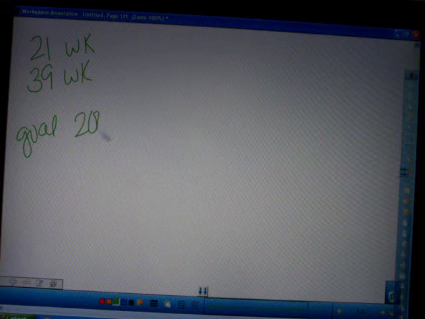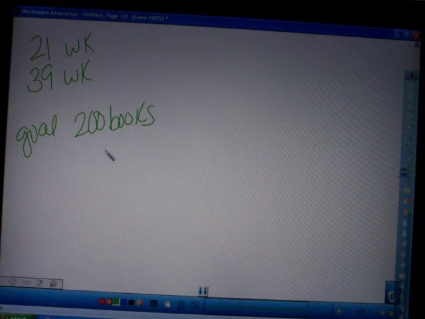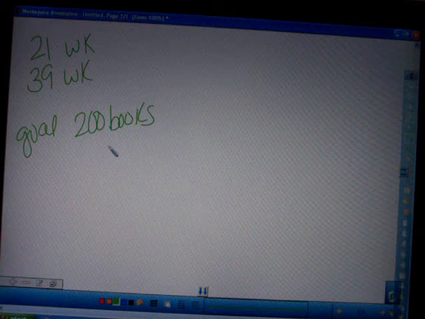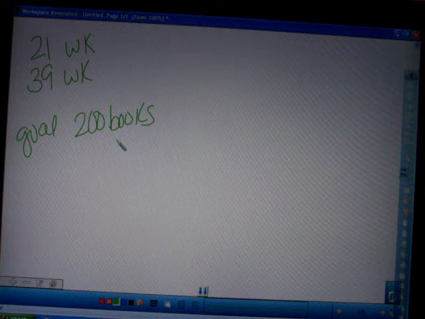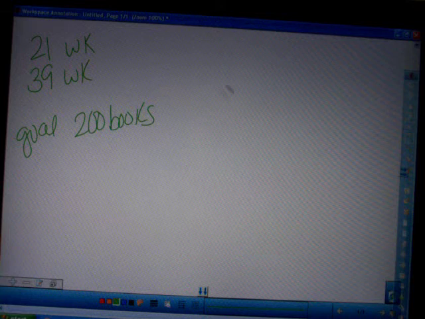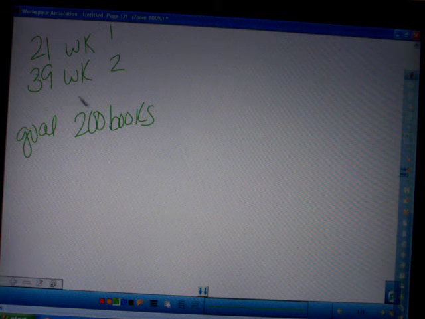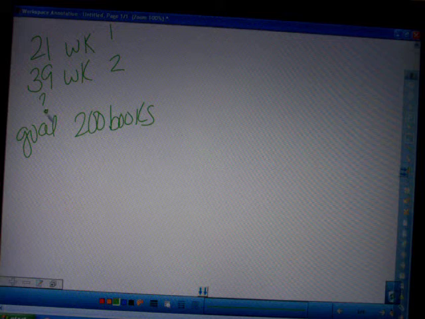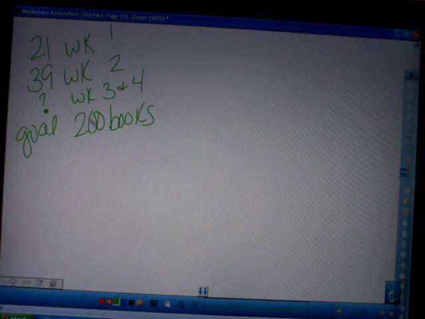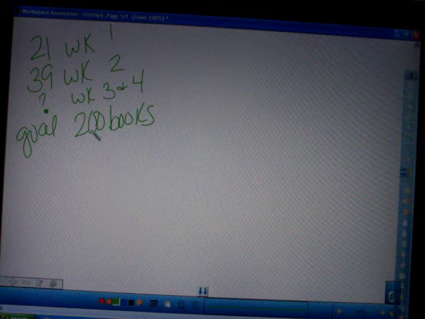So the question they're asking is, will he get enough books in the next 2 weeks to meet his goal? So week 1 and week 2, will he? How much will he get in week 3 and 4 to reach his 200 book goal?